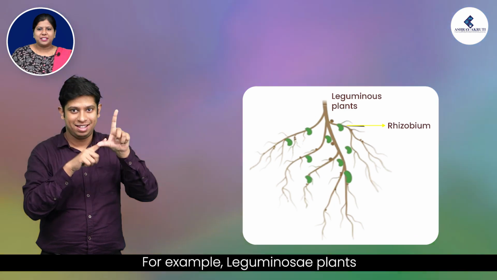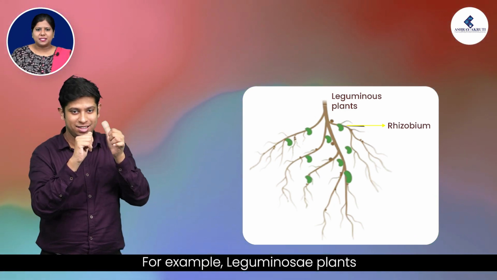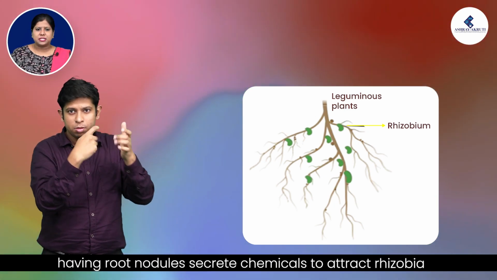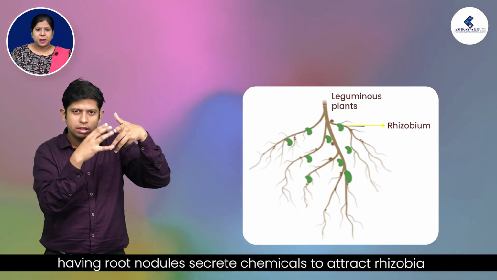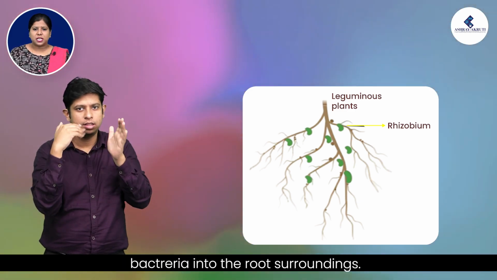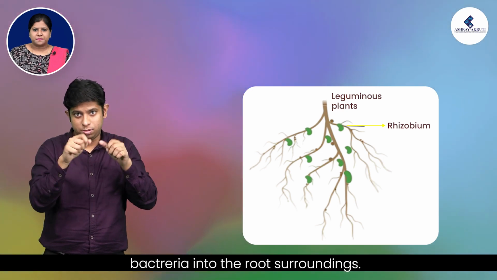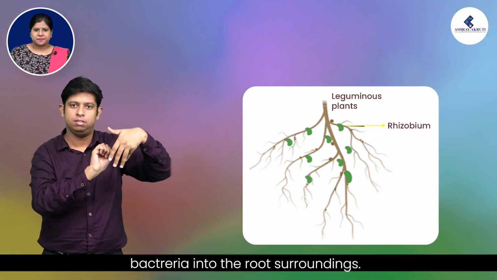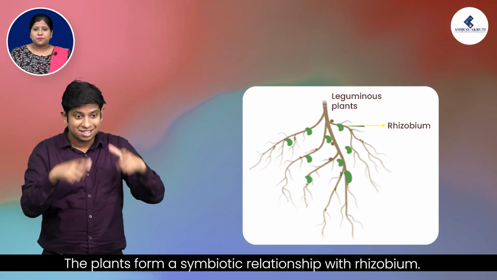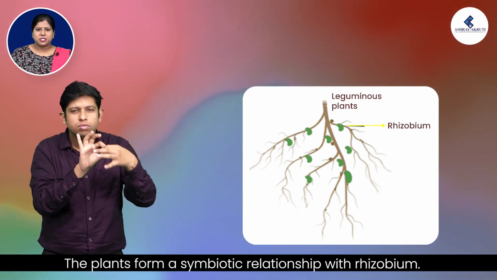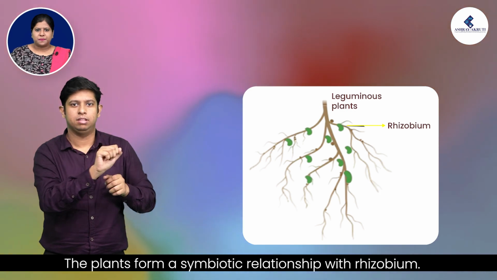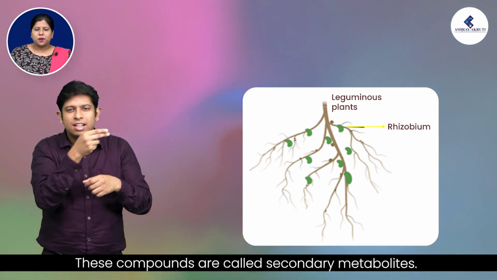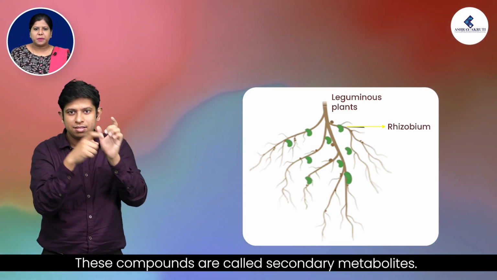For example, leguminous plants having root nodules secrete chemicals to attract rhizobia bacteria into the root surroundings. The plants form a symbiotic relationship with rhizobium. These compounds are called secondary metabolites.